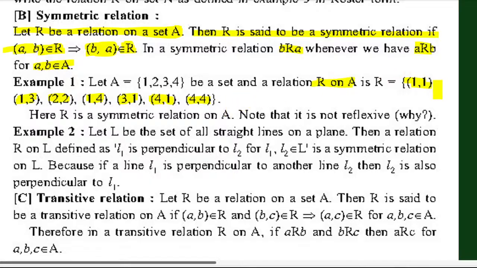Again, if we add here (1,2), then we must have here (2,1). Then only it will be called a symmetric relation.